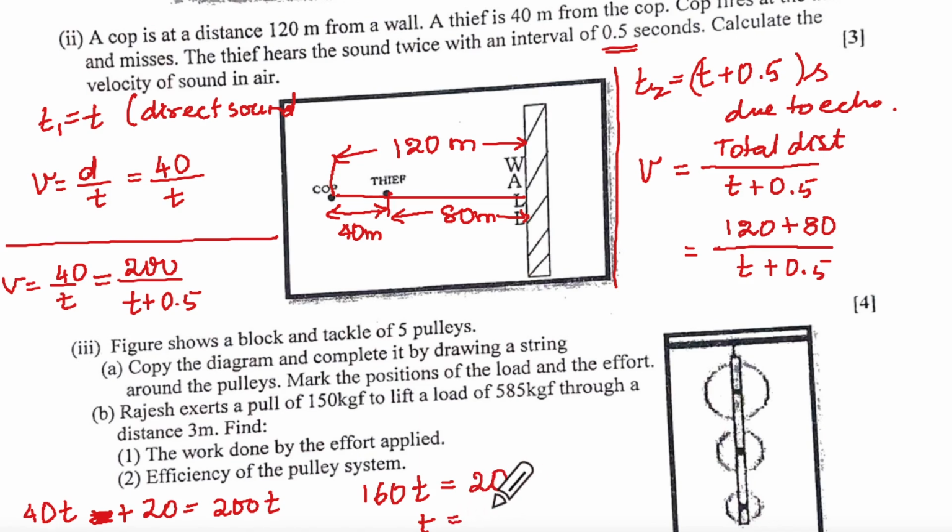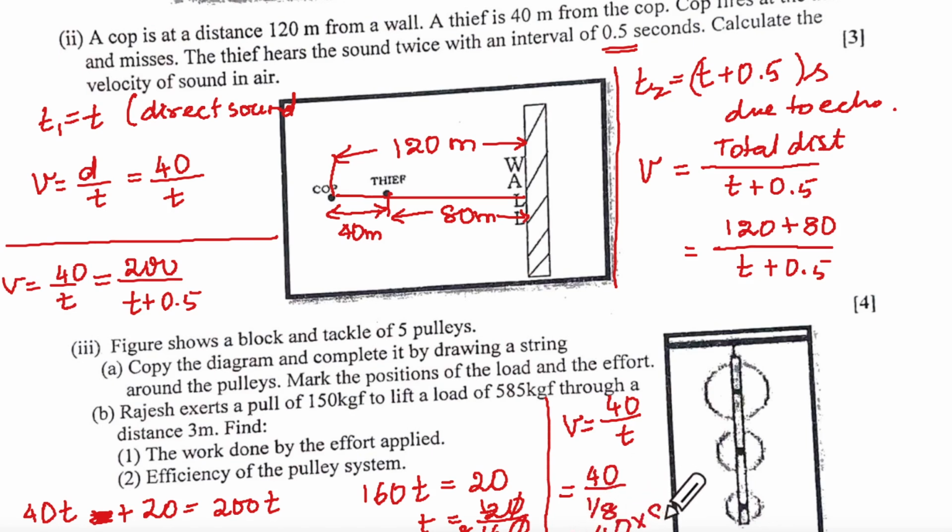So T is equal to 20 upon 160, that is 1 upon 8. But they are asking for the velocity. Velocity is 40 upon T, which means 40 upon 1 upon 8. So that will be 40 into 8. How much is that? 320 meter per second.